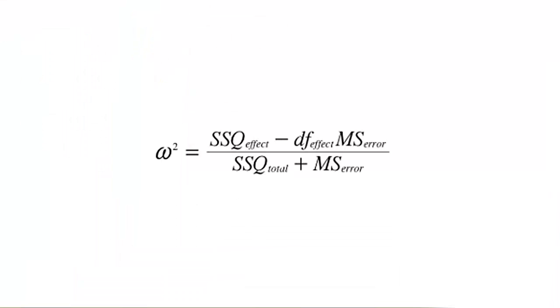Basically, you first take the sum of squares between groups, then you subtract the degrees of freedom times the mean square within groups, and you divide that by the total sum of squares plus the mean square within groups, and that will give you the effect size.